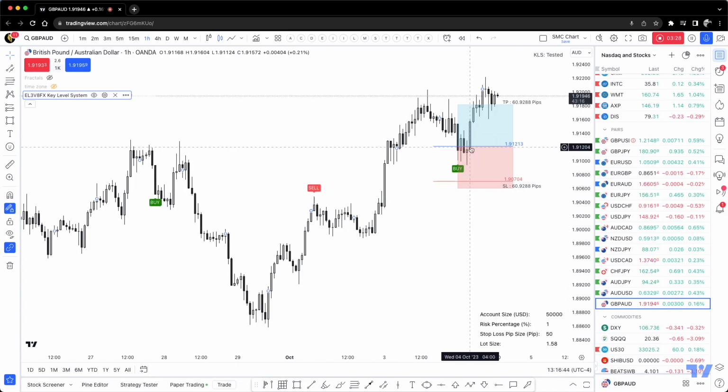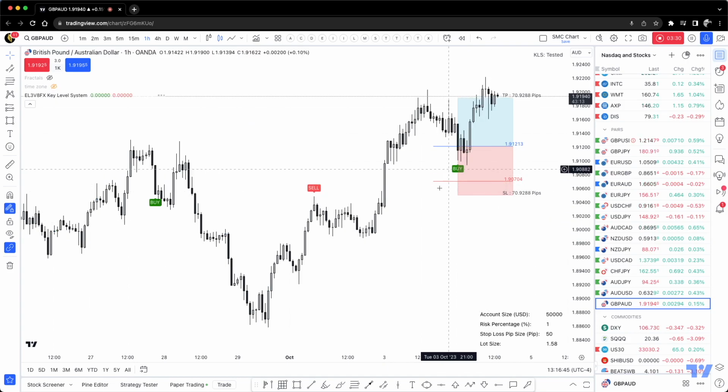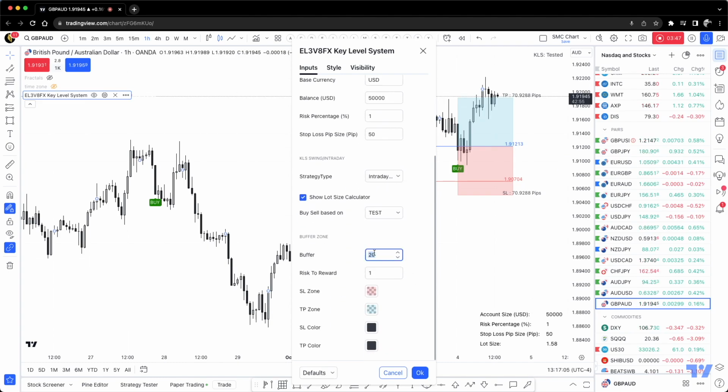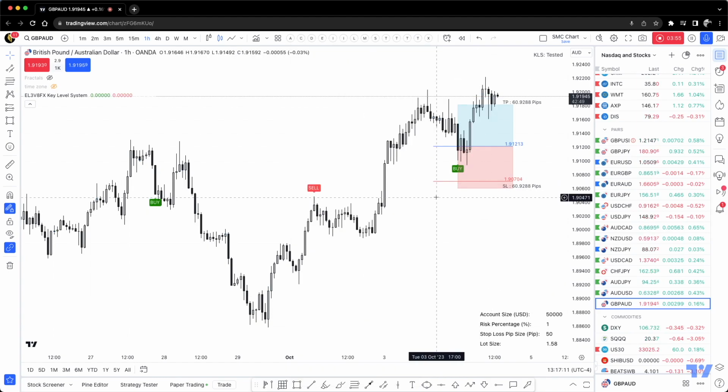You can change that, and you see how it changed right there. I'm still within the 1-to-1 risk to reward. Sometimes you want to give it a little room, depending on what's happening on the day and where you're positioned. That's a pretty cool option as well. 10 pips is more than enough for me, so I'm just going to go ahead just like that.